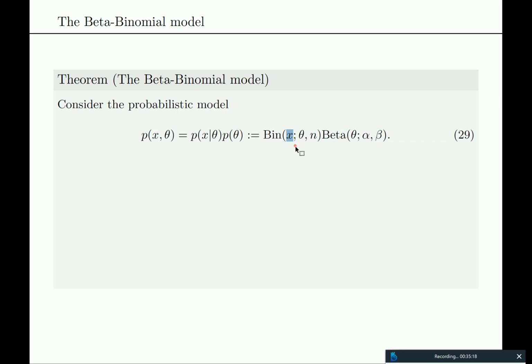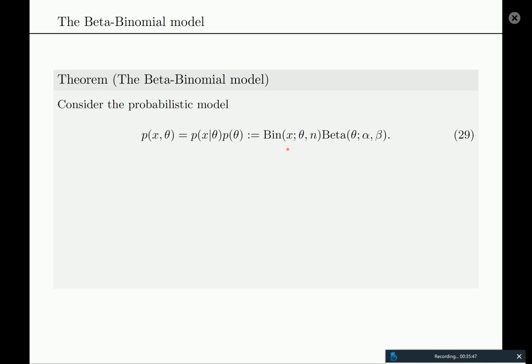So for example, if you have 10 data points, and for each of these data points the probability to assume the value 1 is theta, you ask what is the probability of 9 ones in there. Or you have observed 5 ones and you now want to estimate the parameter. This is the case of the beta-binomial model.